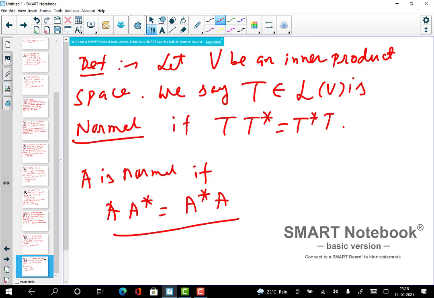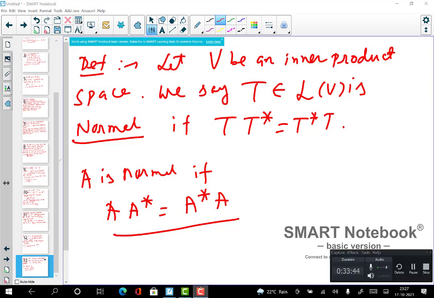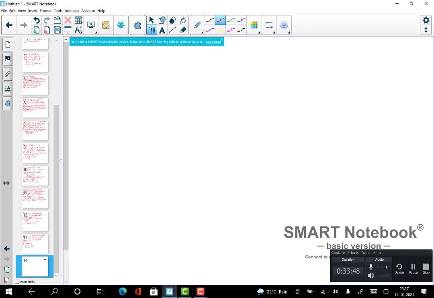So with this definition, obviously there are many theorems and many properties we are going to learn, but before that let us give some examples of this type of matrix.